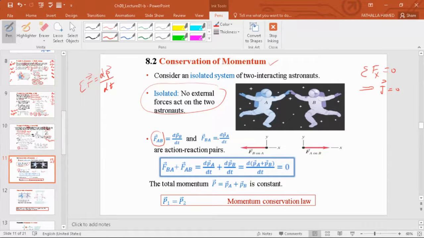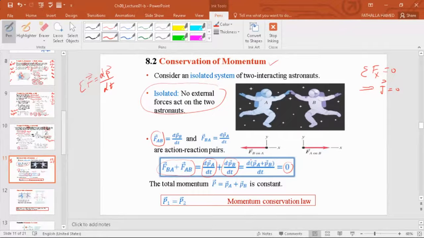The force of B on A, now you're looking at A, so it's dPA dt here. Now if you add these two forces together, you know that they have the same magnitude but opposite direction, they will give you 0. And that's why you're adding here dPA dt plus dPB dt.